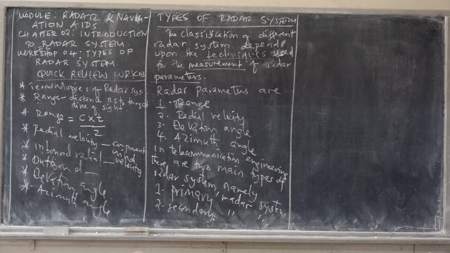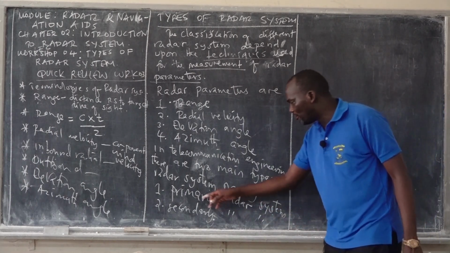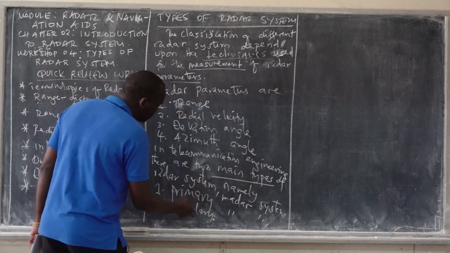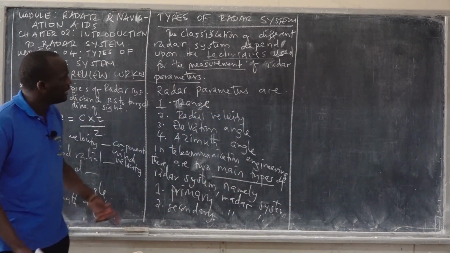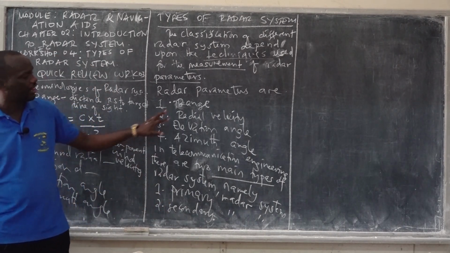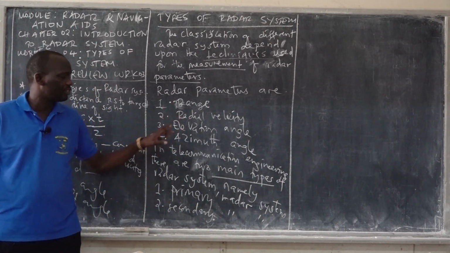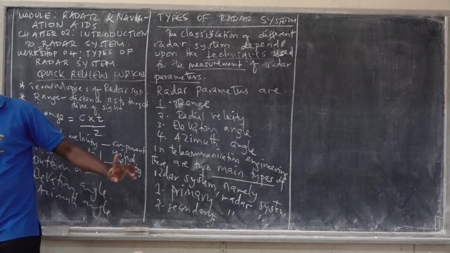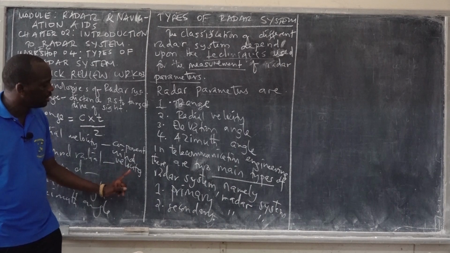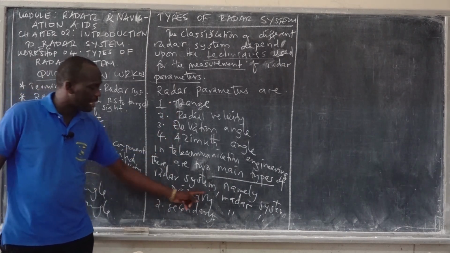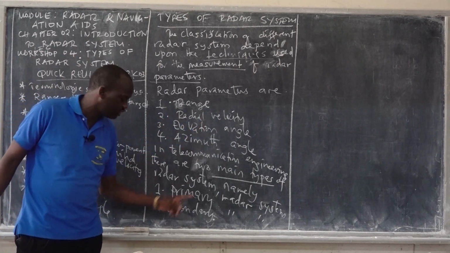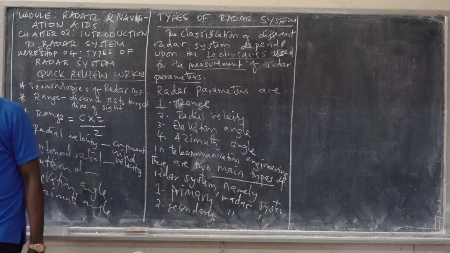The difference between these two main types is just the technique used to measure range, radial velocity, elevation angle, and azimuth angle. The technique used to measure range in a primary radar system is different from that in a secondary radar system.